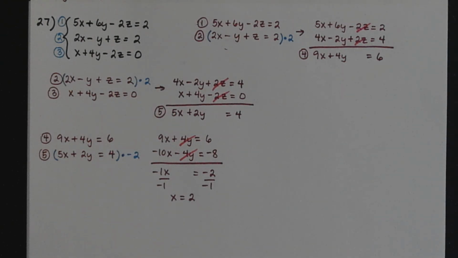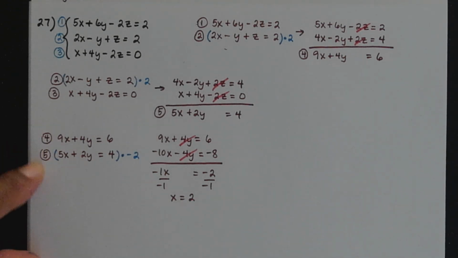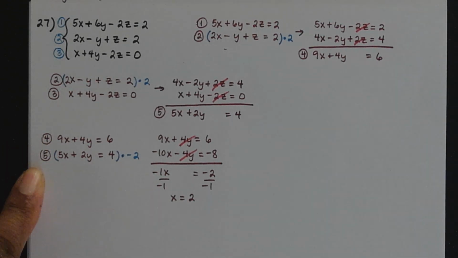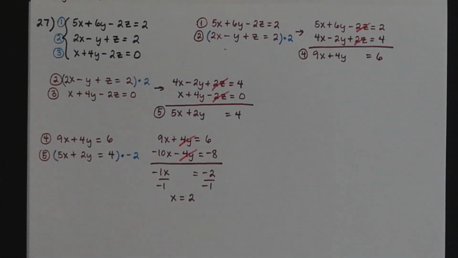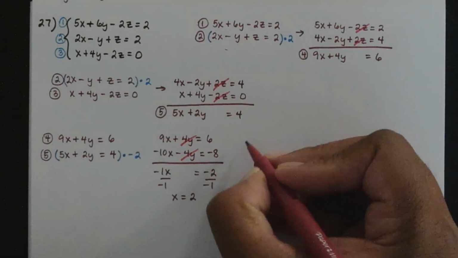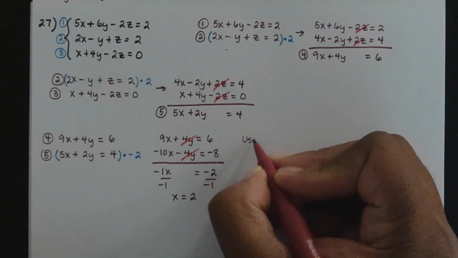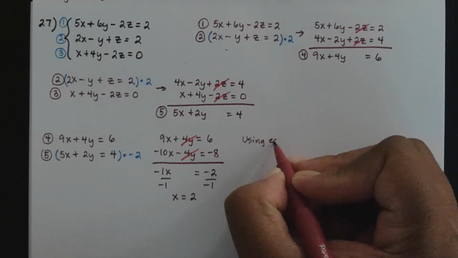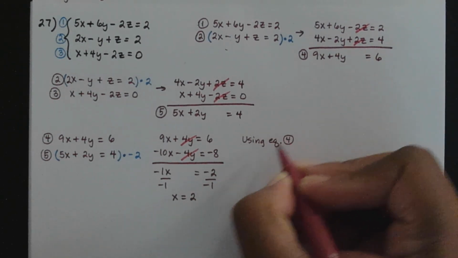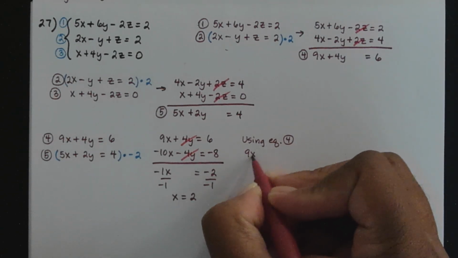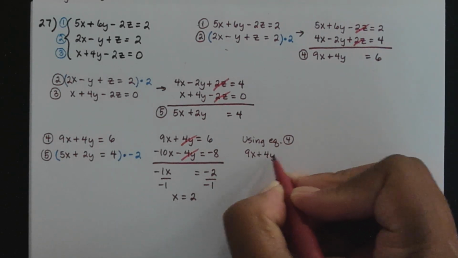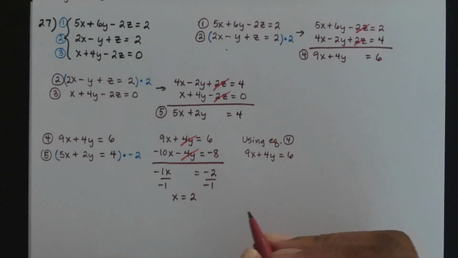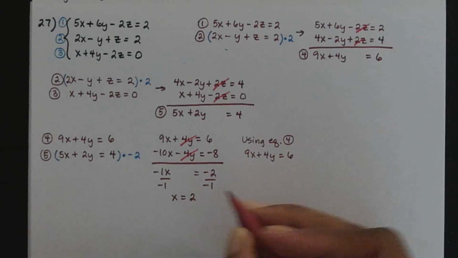Now I need to find out what y is and what z is. Well, let's use equation 4 or equation 5 since it's in two variables, and I know the value of one of the variables. So if I use equation 4, which is in this case 9x plus 4y equal to 6, I will replace that x with the 2.